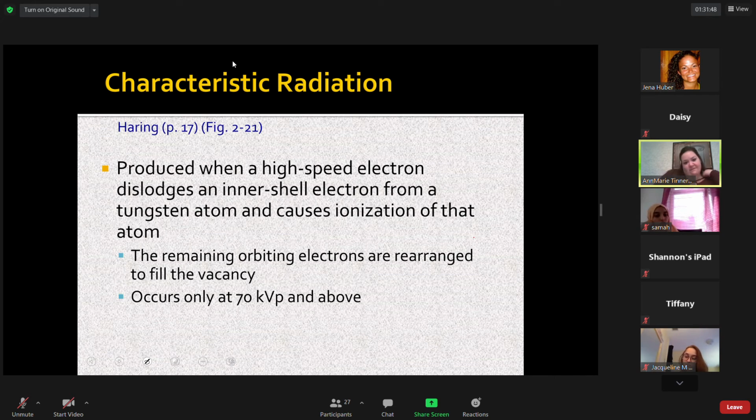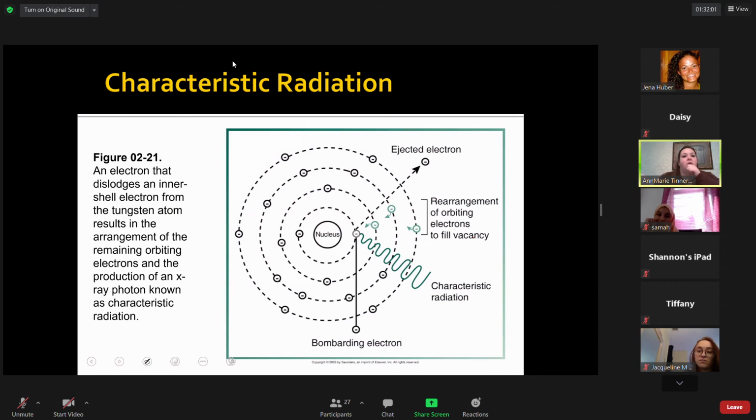And what happens is the remaining electrons then have to rearrange and fill in the vacancy, which I'm sure you all remember from chemistry, which you probably wanted to forget, but here we are. So this is your characteristic radiation. It's showing that electron being ejected near the nucleus, and then your electrons now have to rearrange and fill in that vacant hole.